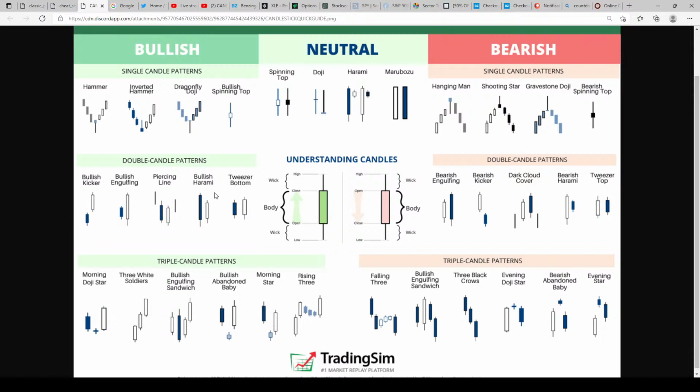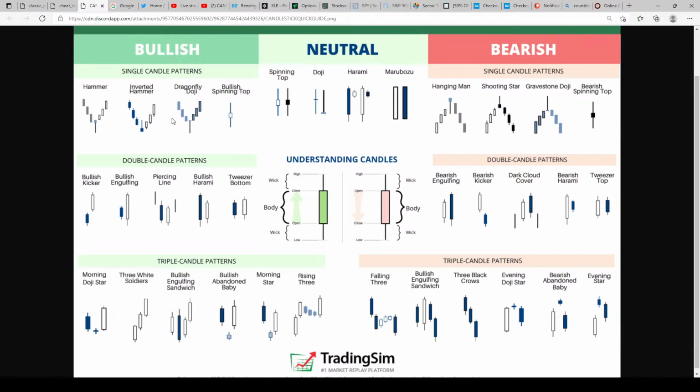And then a hammer candle is just that. It kind of looks like a hammer. Think of Thor's hammer. Those are usually really good for identifying reversals.